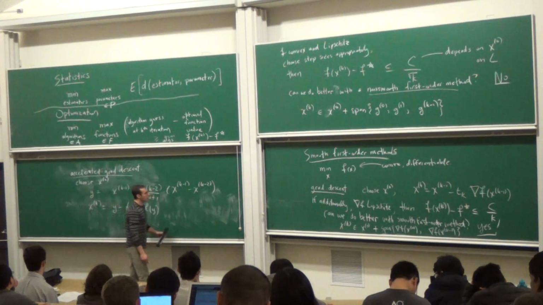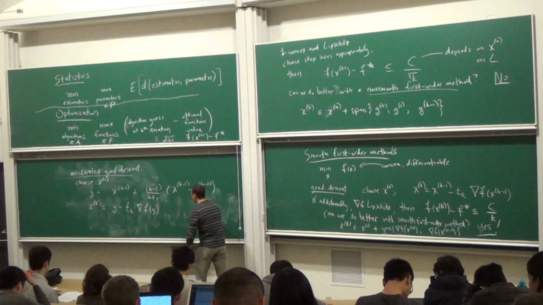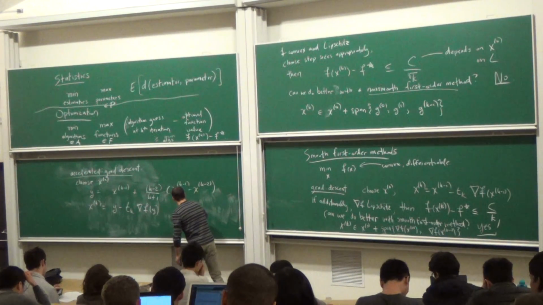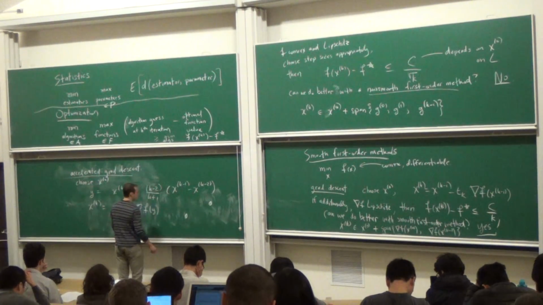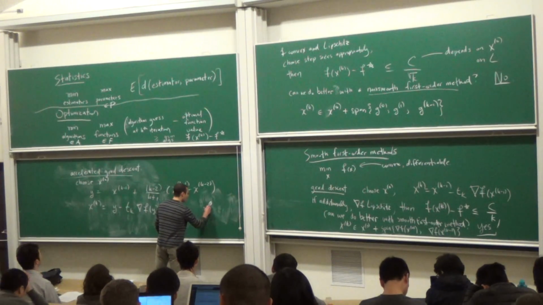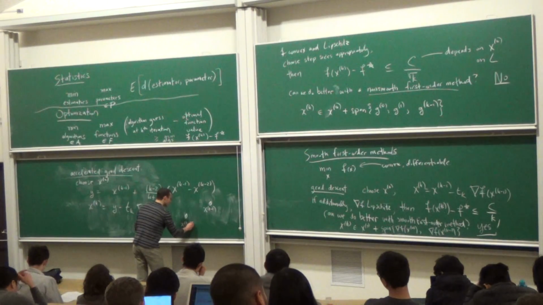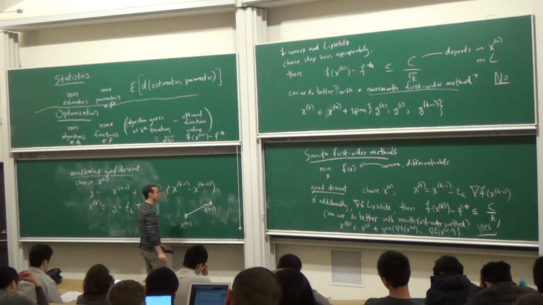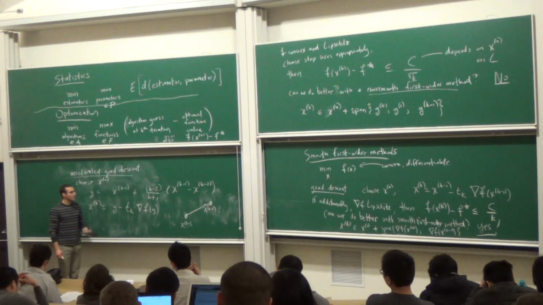So let me draw a picture. I think it's going to help clarify. So let's suppose I was here. So this is going to be xk minus 1, xk minus 2. And xk minus 1 now.